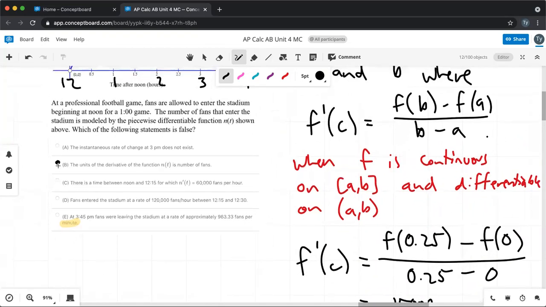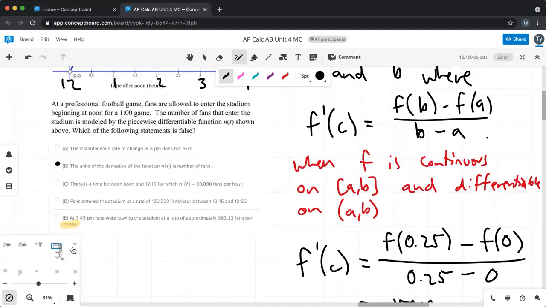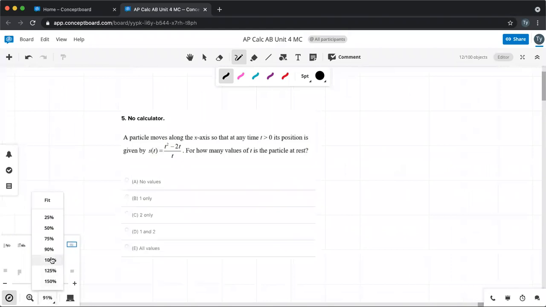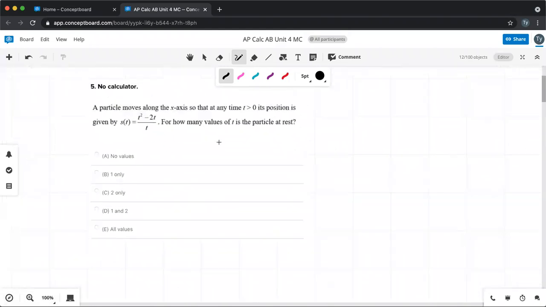Okay, for number 5. A particle moves along the x-axis so that at any time t greater than 0, its position is given by s of t. For how many values of t is the particle at rest?